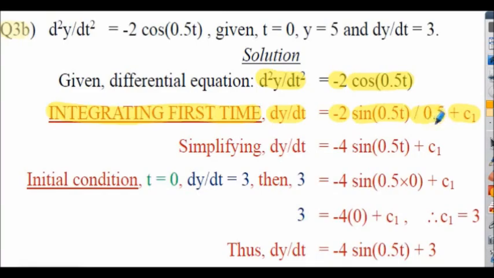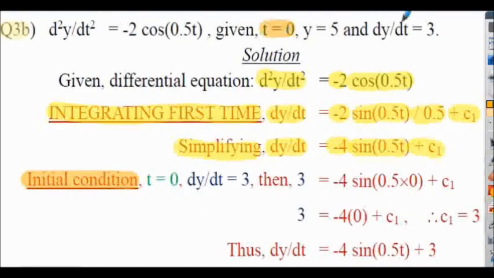Again, noting dividing by 0.5 is like multiplying by 2. So on the next line we can simplify: dy by dt is equal to negative 4 multiplied by the sine of 0.5t plus c1.